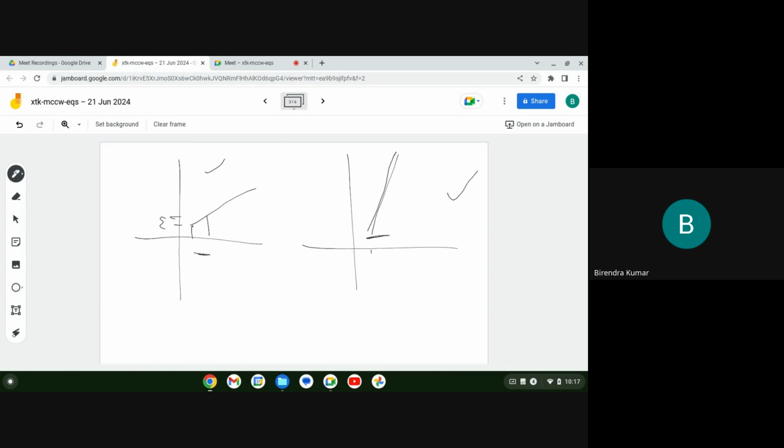Here x changes by 1 from here to here, and see, your y has changed this much. So whenever you're talking about a steep line versus a shallow line, or a line with a smaller slope value, you clearly know that your value of y is changing faster. That is why it has a higher slope value, or it is steep.